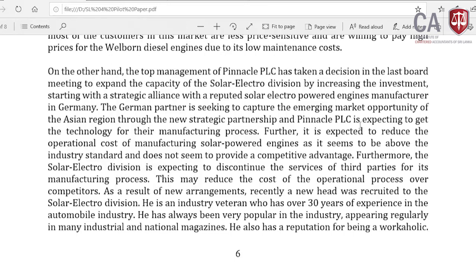Now we have a new head for the organization. Recently, look at this information, a new head was recruited to the Solar Electro division.